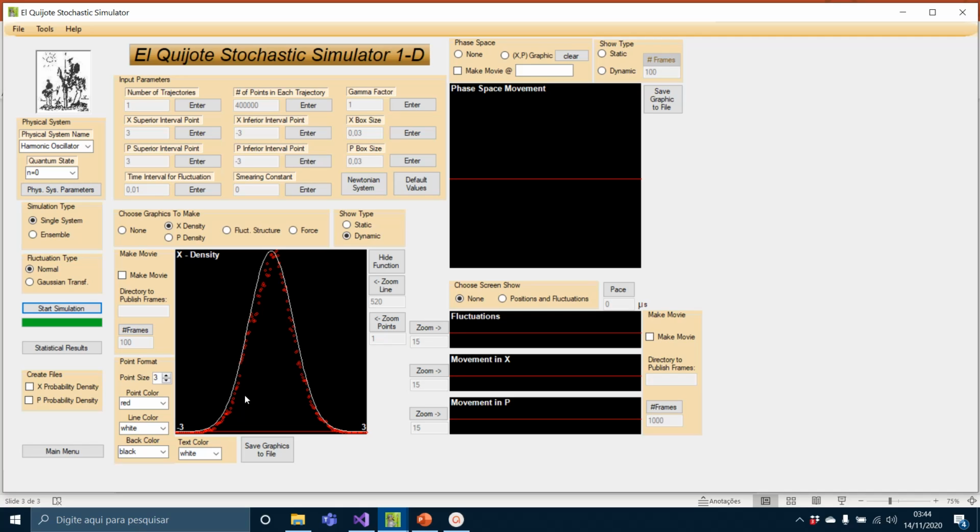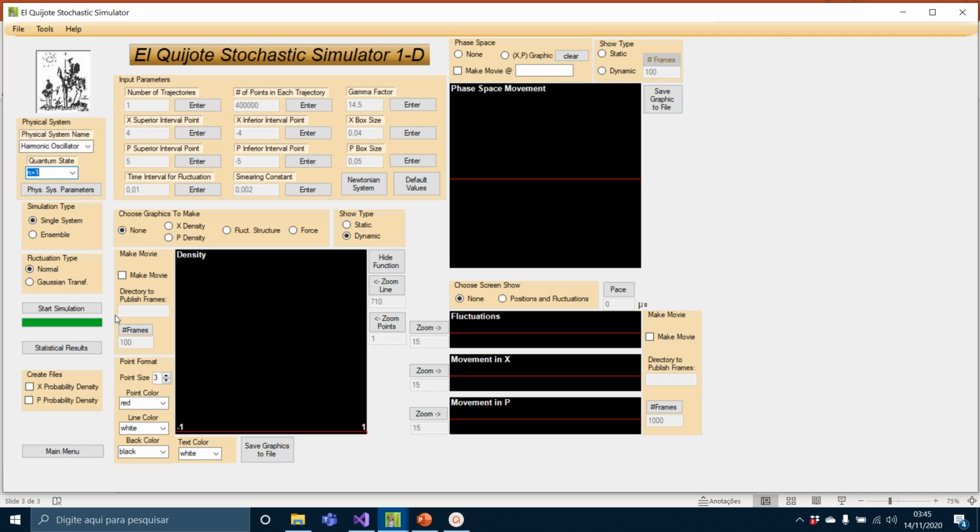We may have even better results if we increase the number of points in the trajectory. Of course, this will give us a better result because we will include more numbers in our approach. We may also make the same calculations for an excited state of the harmonic oscillator. Let's do that.